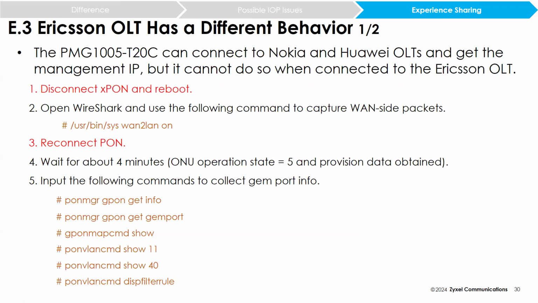Okay, and this is the last case for the POC experience sharing. The case talks about how different vendor OLTs might use a different entity to provision the same thing.